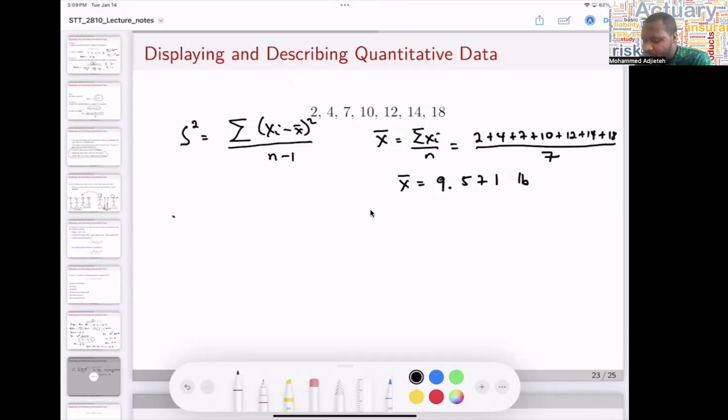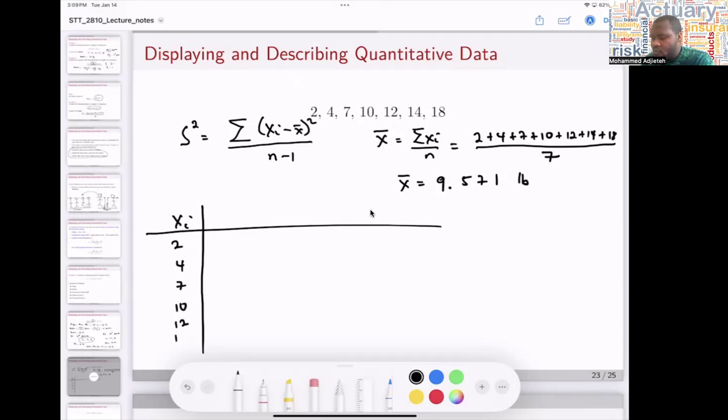Now, to compute the sample variance, let's create a table. So let's have my xi's here. I have 2, 4, 7, 10, 12, 14, 18.